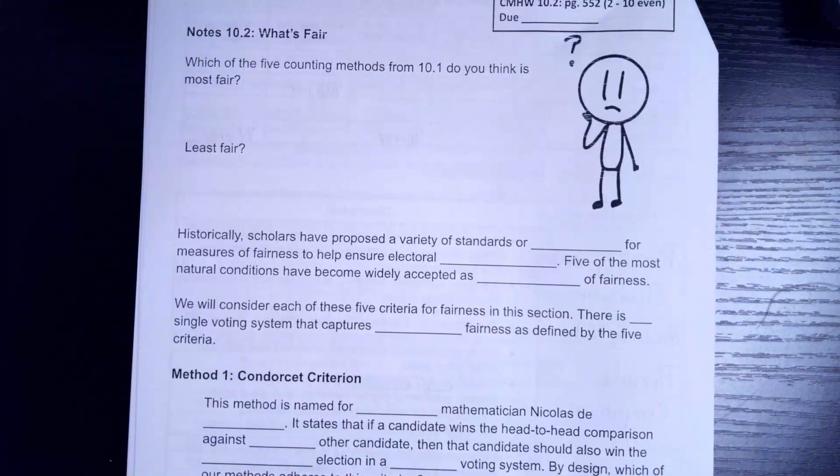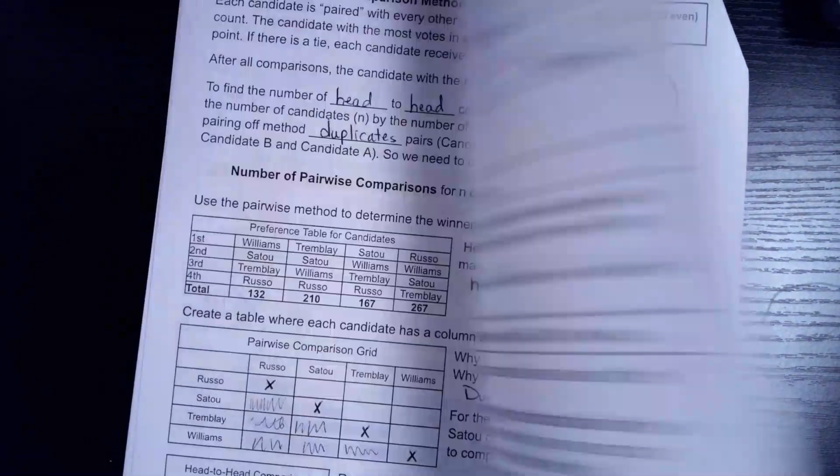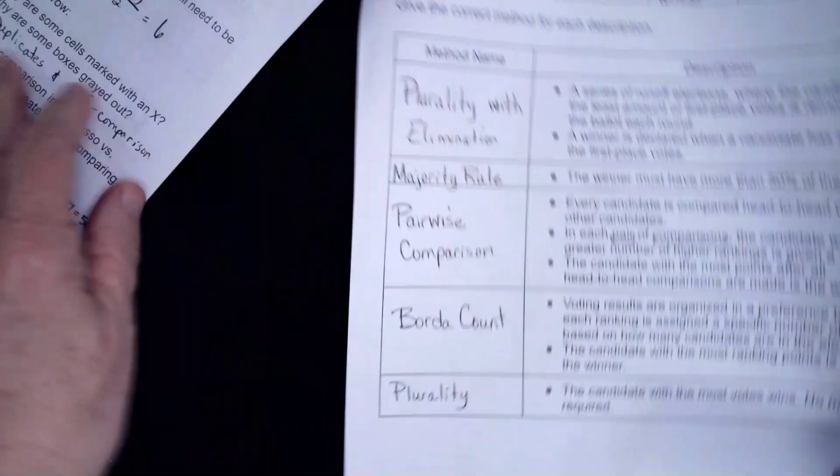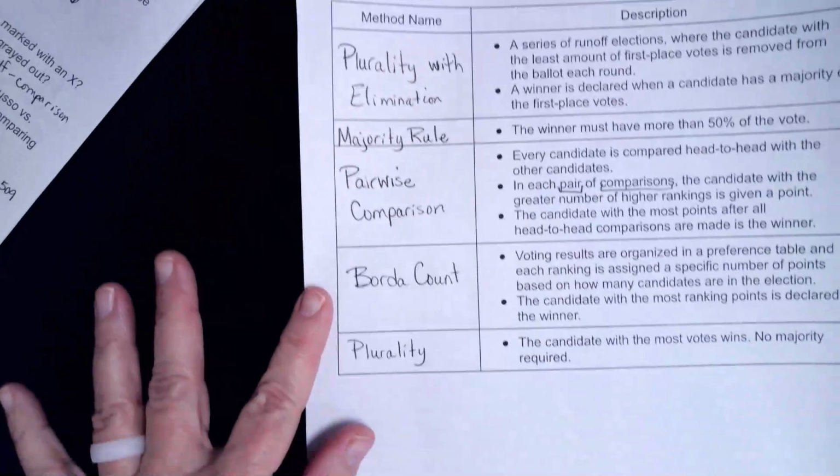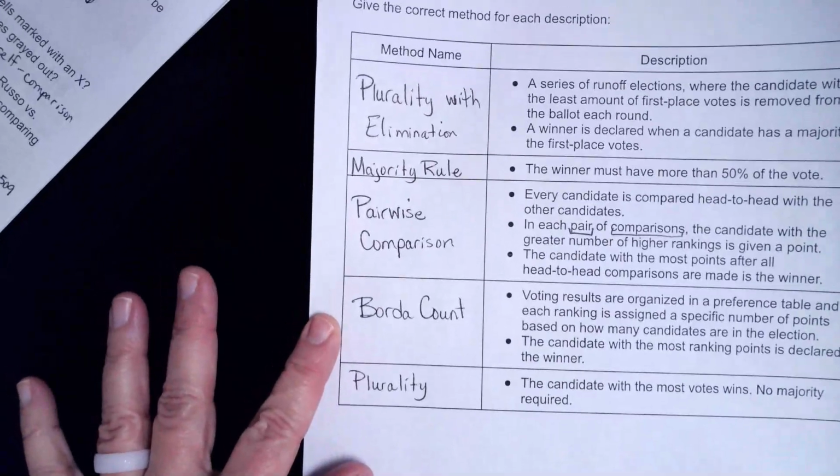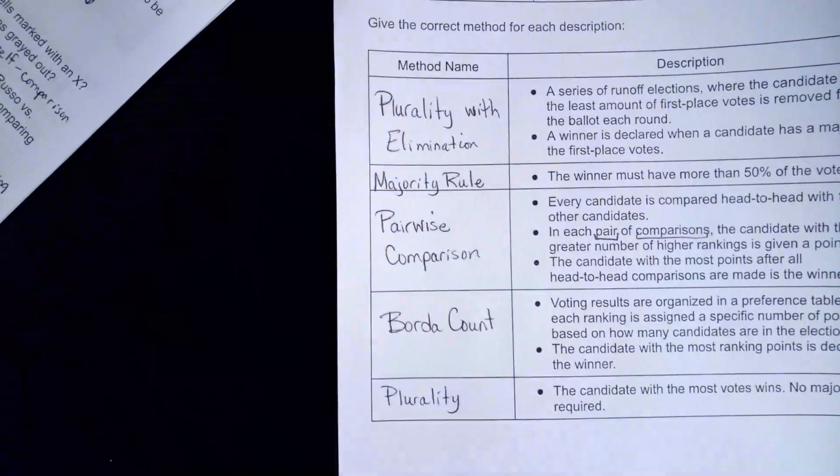So, in your opinion, which of the 5 voting methods or 5 counting methods from 10.1 do you think is most fair? And if you're not remembering what those methods are, flip back to the other side of the page right in front of you to refresh your memory.